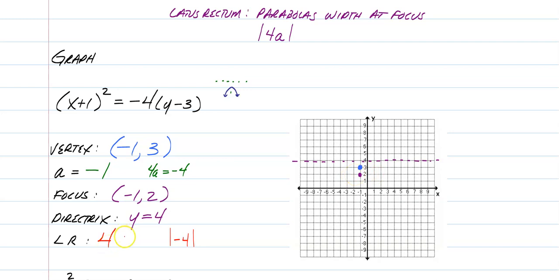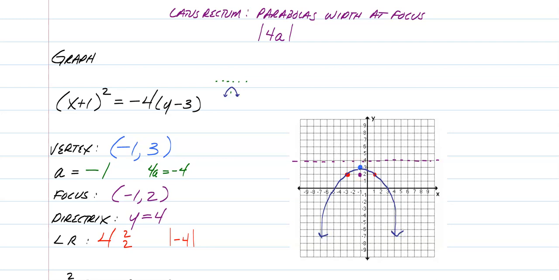That means you have 2 in each direction, if you were to just split that. So we're going to go 2 to the right, and we're going to go 2 to the left of the focus, not your vertex. And that tells you how wide it is at that part. So now, all you have to do is follow those points, draw your parabola, and you're good to go.